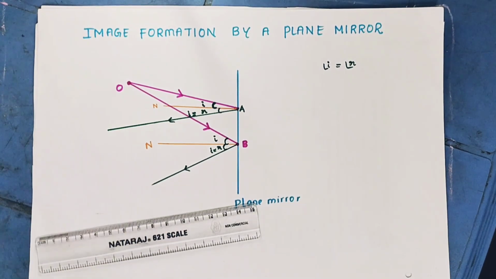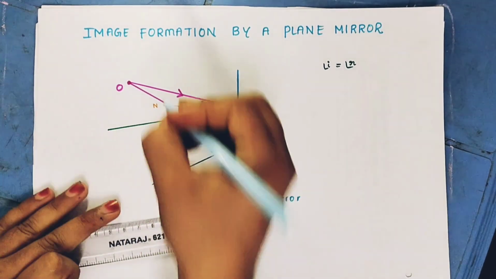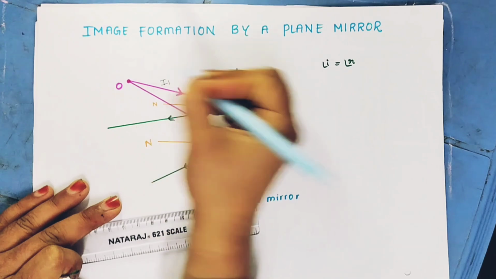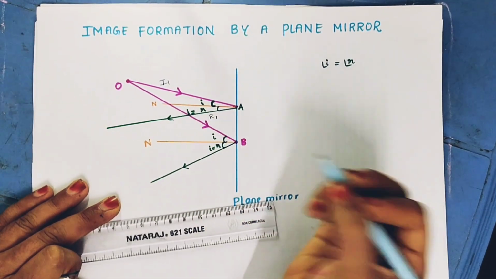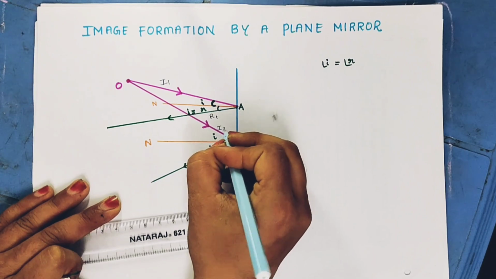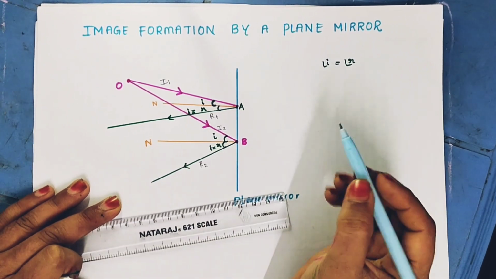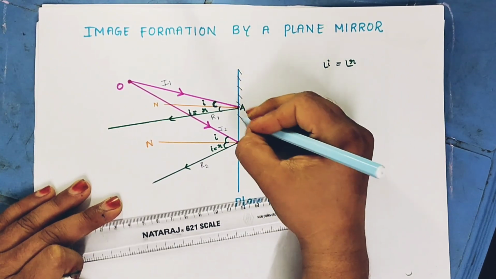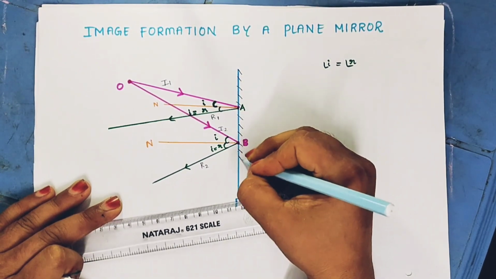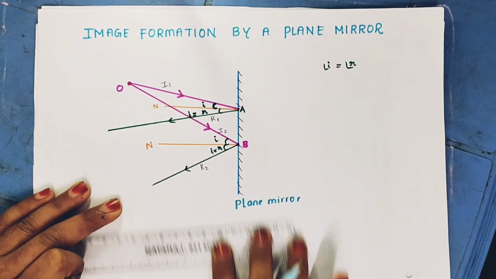So let us name them clearly. Incident ray I1, reflected ray R1. Incident ray I2, reflected ray R2. This is our plane mirror which is shaded at the back side. The shading symbol is drawn with crossing lines.